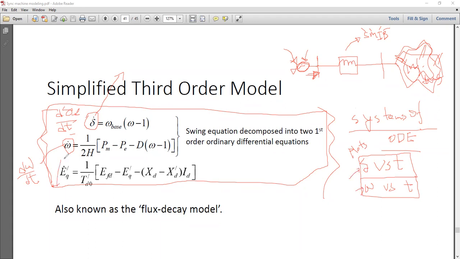So what should be the third one? What should be the third plot? Out of the third equation, what should we try to obtain? Or what would be the solution?